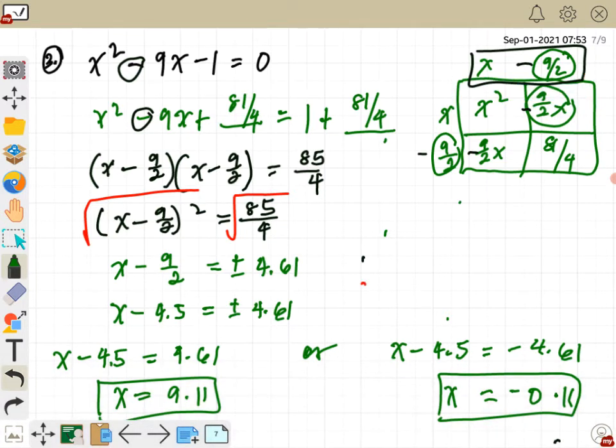Okay, that is the solution of our equation x squared minus 9x minus 1 equals 0.